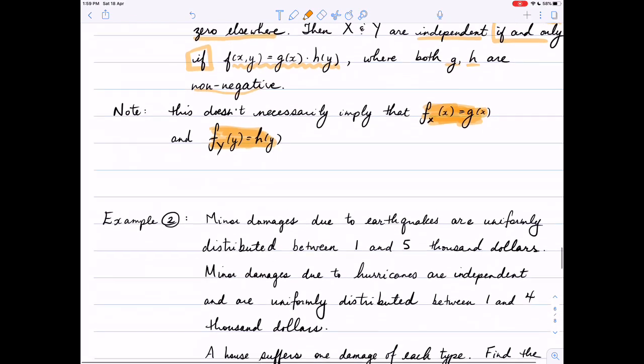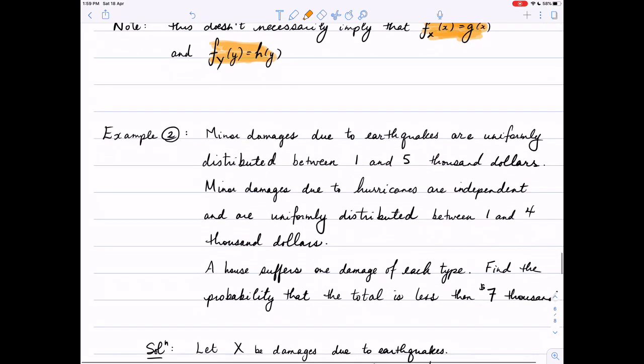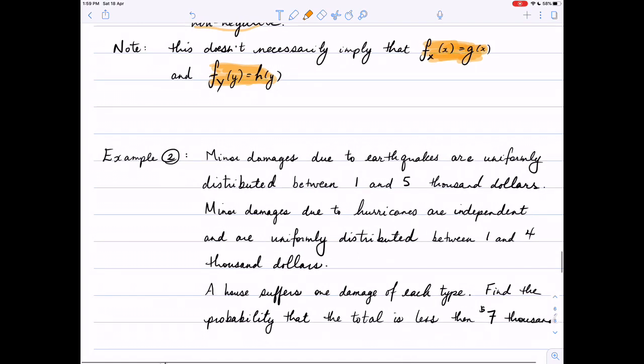Let us do one more example here. So this one is a little bit of a word problem. Let's imagine that we have minor damages due to earthquakes that are uniformly distributed between $1,000 and $5,000.